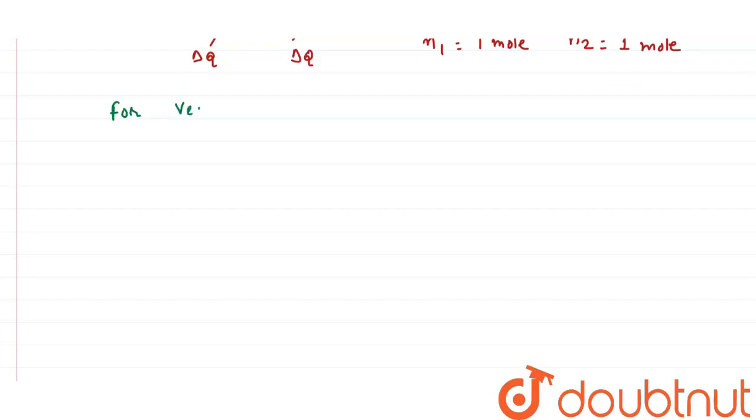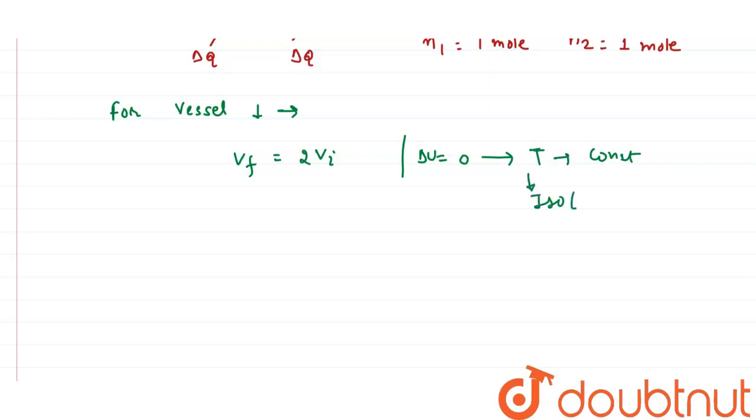For vessel 1, it is given in the question that its final volume is changed to double, 2Vi, and change in internal energy is 0. That means there is no change in temperature. Temperature is constant, and when the temperature is constant, this process is known as an isothermal process.